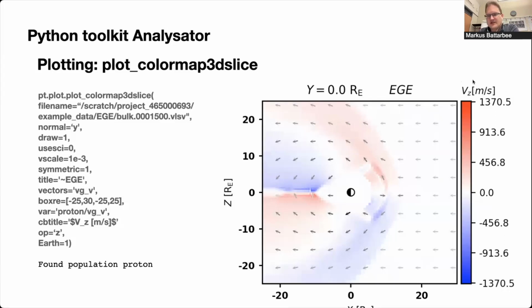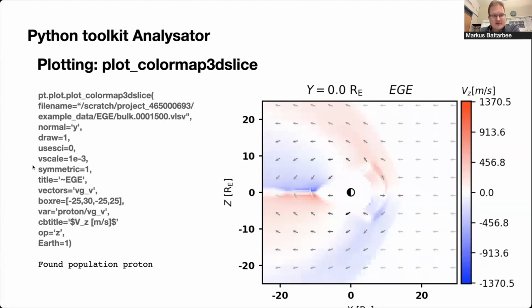The units by default are meters per second for velocities, but I have used v-scale 1e minus 3, which means that we are dividing the values by 1,000, which gives us actually kilometers per second. But instead of allowing the color bar to have the default title, which would reflect that and be then VZ kilometers per second, I have for some reason overridden it with the incorrect unit. So yes, it is possible to tell the script what to do, even if that would then be incorrect. Whoopsie daisy.